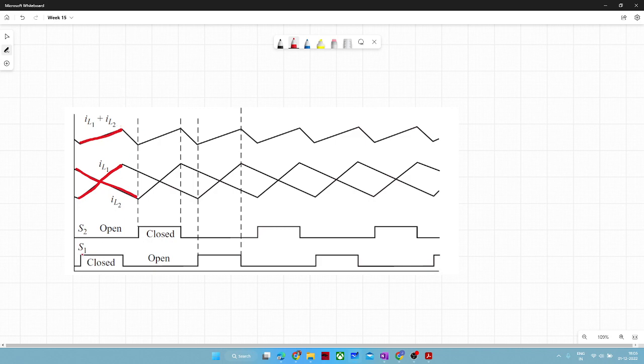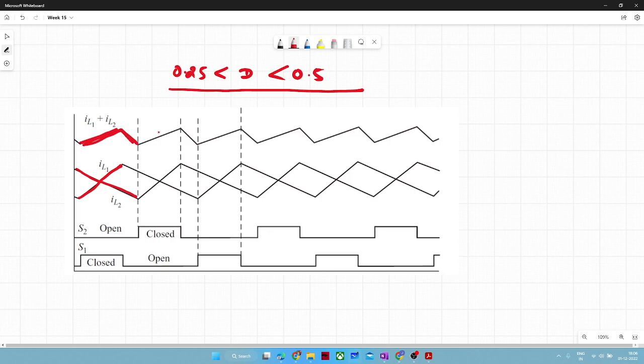Because here duty is less than 0.5. There are other scenarios where duty ratio is less than 0.25 or greater than 0.25. So here duty ratio is greater than 0.25 and less than 0.5. In this scenario, your rising slope would be lesser. Rising slope here is lesser than the falling slope.